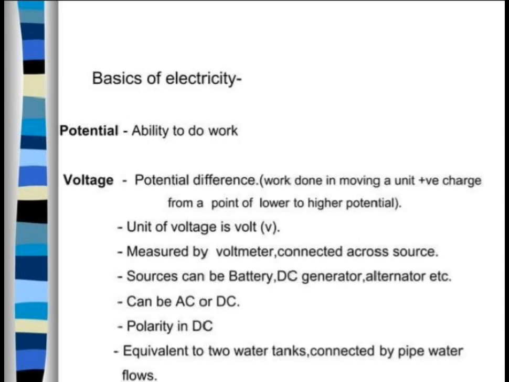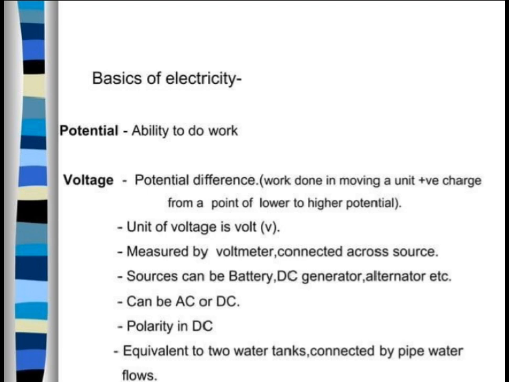And then next is potential. Potential describes the ability to do work in an electrical system. And then voltage, defined as the work done to move a unit positive charge from a point of lower to higher potential. The unit of voltage is the volt or V, measured by a voltmeter which is connected across the source.